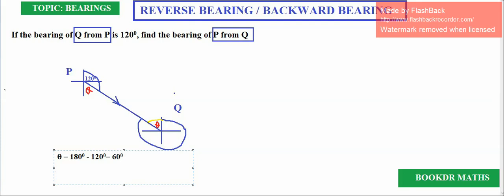So the turn from this portion up to this portion can be calculated by subtracting this theta from 360.